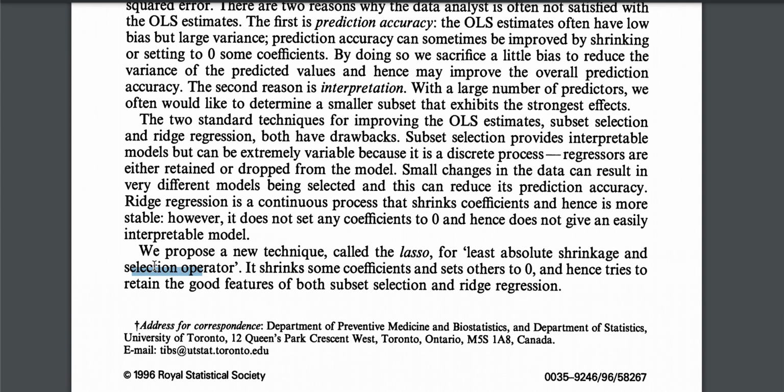In general it shrinks the coefficients towards zero. So there's a bias: most coefficients are zero, and those that are not zero are not very far from zero. That's the bias when you do lasso.